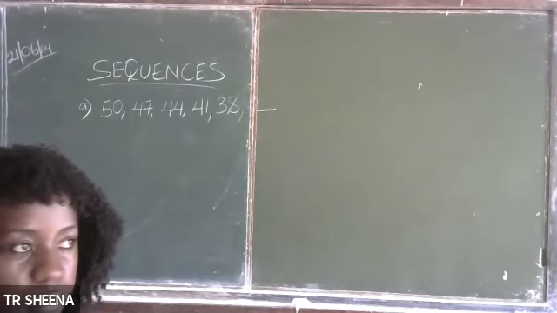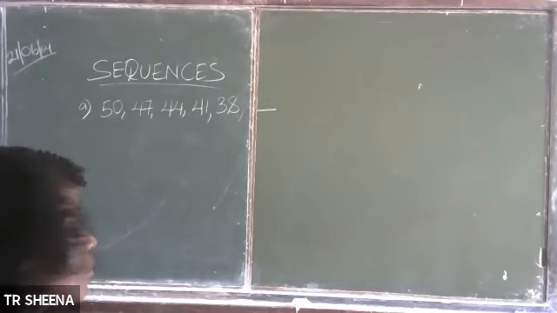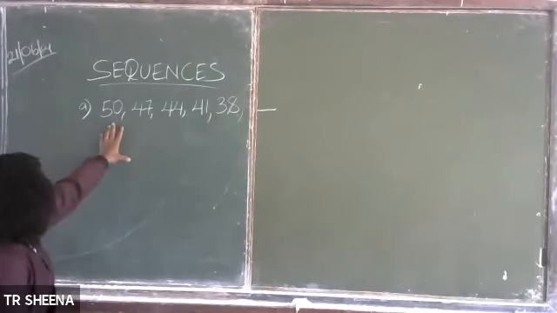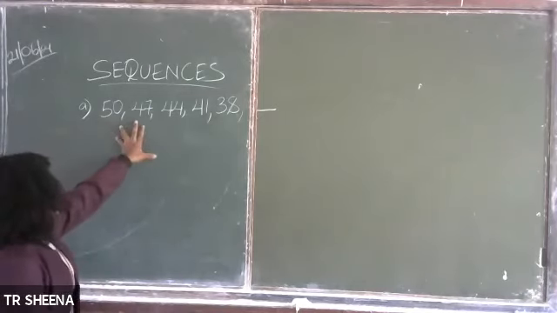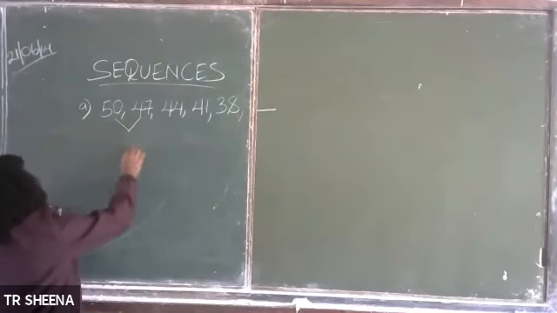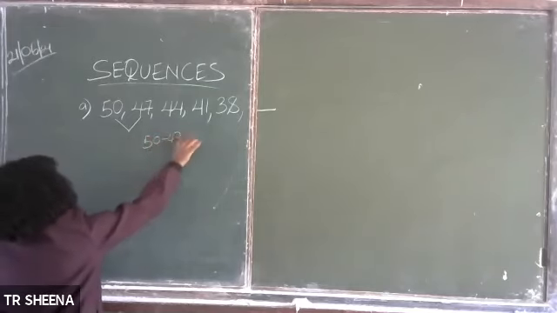Teacher, first of all, the numbers were decreasing. So I first got the first number, 50 minus 47, to find the number that moved from 50 to 47. I got 3.